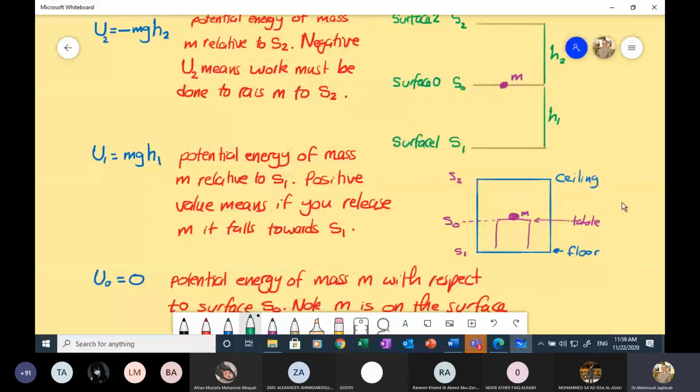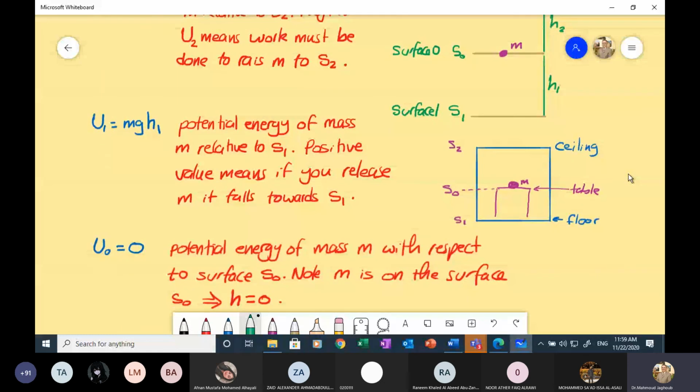Now, I want to calculate the potential energy of this mass M with respect to each level. Let's simply take this level, هذا level S0. M is on the table, which means it's on this surface S0. What is the height of M with respect to this table? 0.